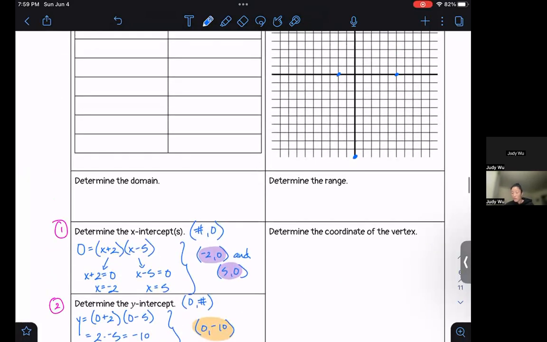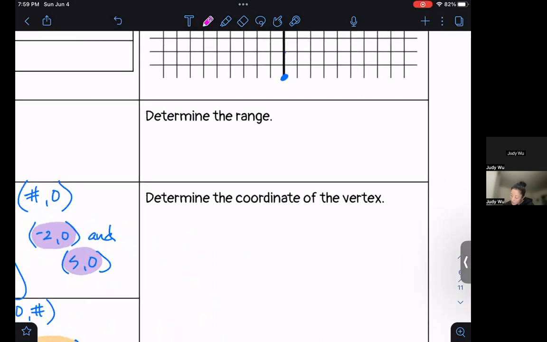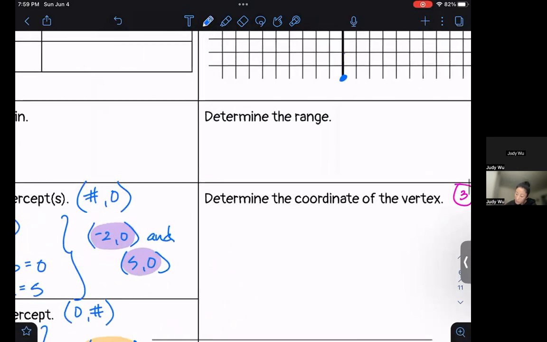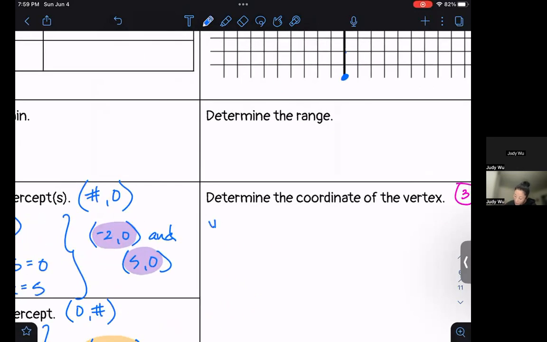Now, we found our x and y intercepts, okay? The next thing we're going to do is determine the coordinates of the vertex. That's going to help us figure out what our middle line in the table should be, okay? So here's how we're going to find the vertex.